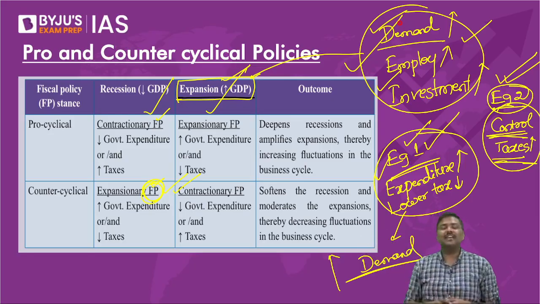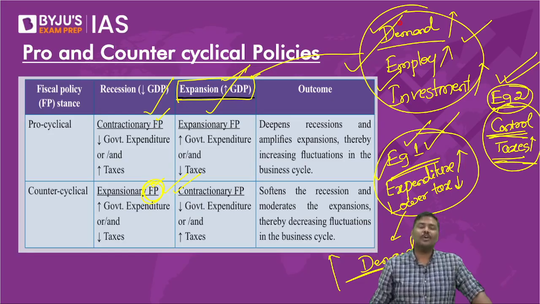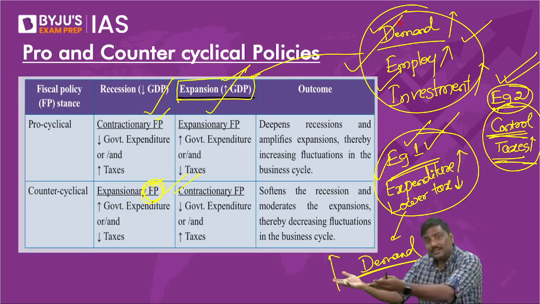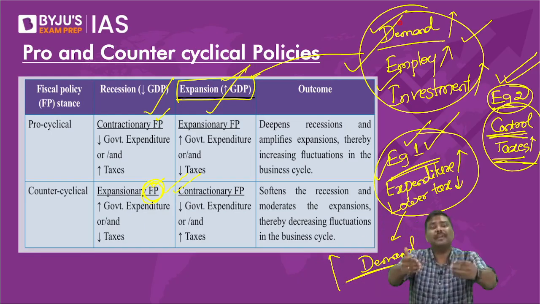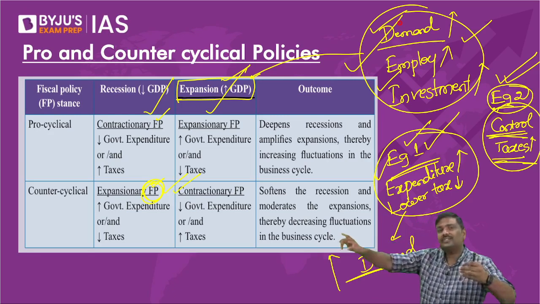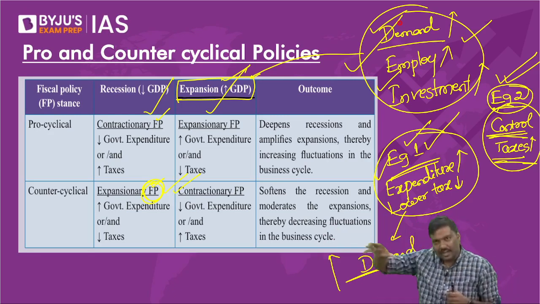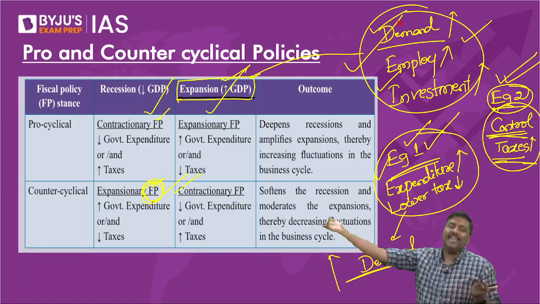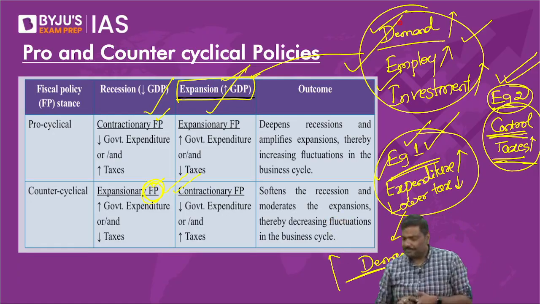If you simply say government increased expenditure, pro or counter, how do I tell? You tell me in what context. If government is increasing expenditure in an economy that is already expanding, that's a wrong policy.